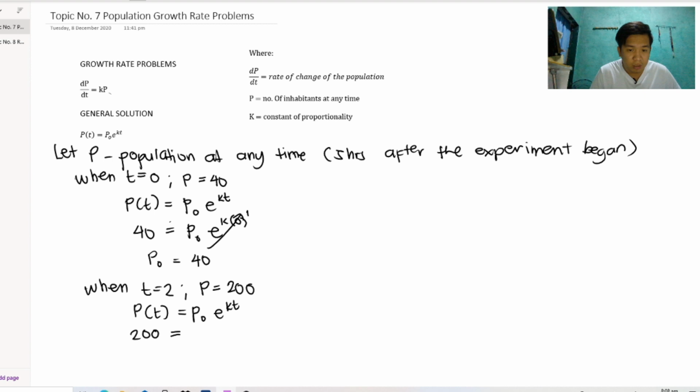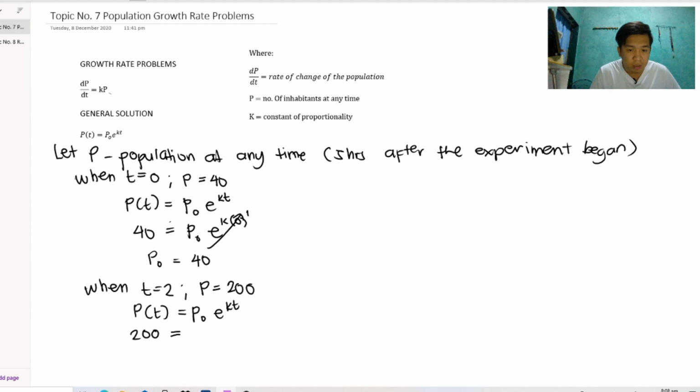So 200 divided by 40 is 5, which equals e raised to 2k. To look for the value of k, we can solve this by calculator, and we get k equals 0.805.